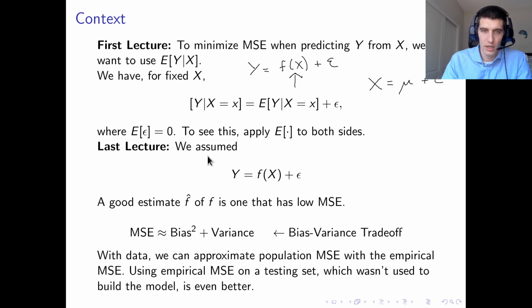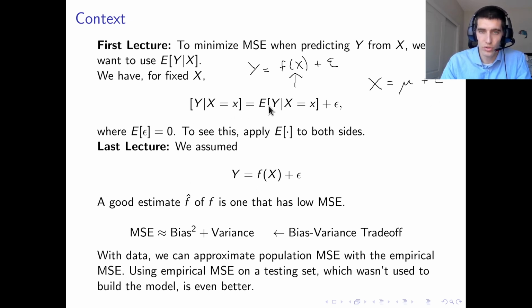For any fixed x, we can write y, which is something random, as some function of the input x plus epsilon, where epsilon is mean zero because we're extracting the mean out of this random quantity. In the same way, we could write any random variable x as a mean plus a centered random variable. By centered, I mean it has mean zero.